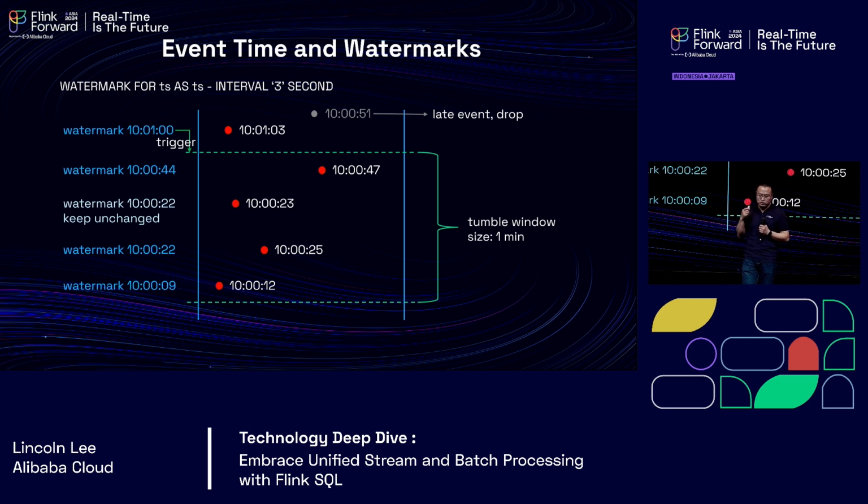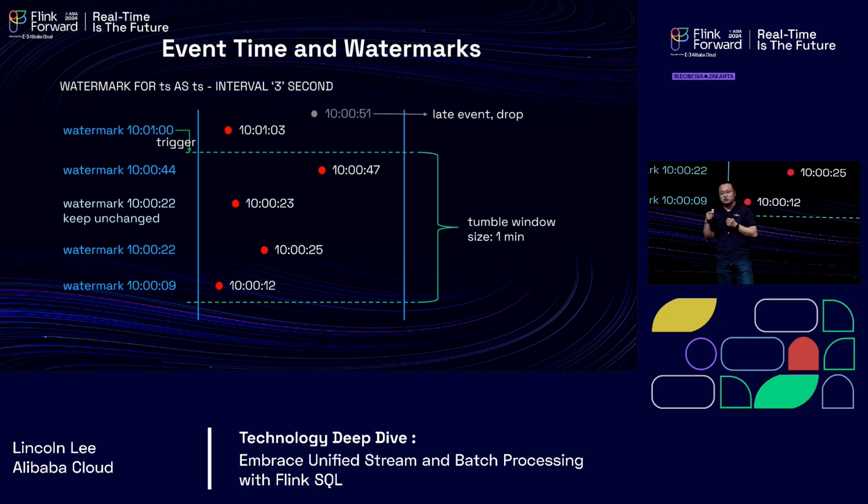Yeah, let's see an example of a watermark definition. The watermark for TS as TS minus 3 seconds. It means it will calculate the watermark based on the event time minus 3 seconds. This also means it will tolerate 3 seconds of late-arriving data.